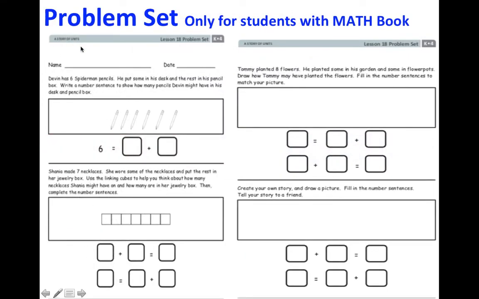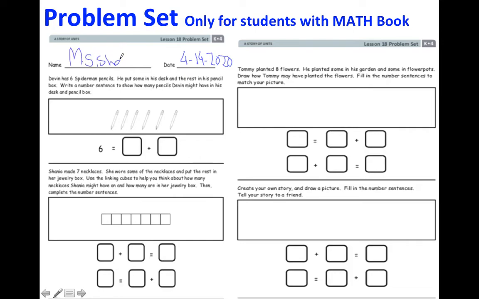So now let's do our problem set. I am going to first check my date to make sure I'm doing the date correctly. So today is 4-14-2020, and I'm going to write my name.